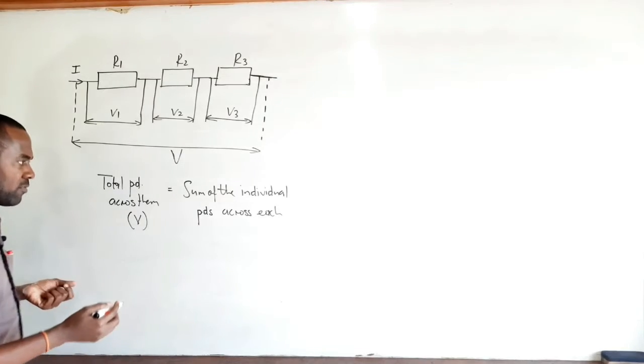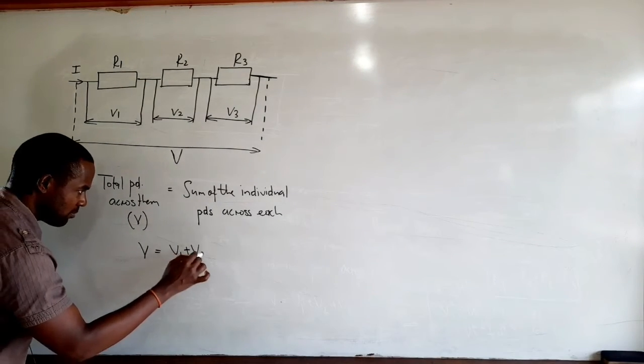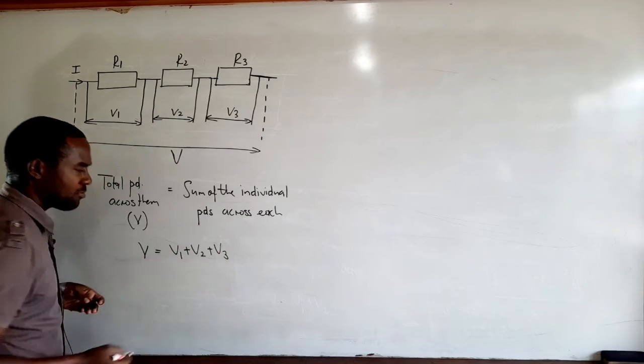So therefore this means that V is equal to V1 plus V2 plus V3.